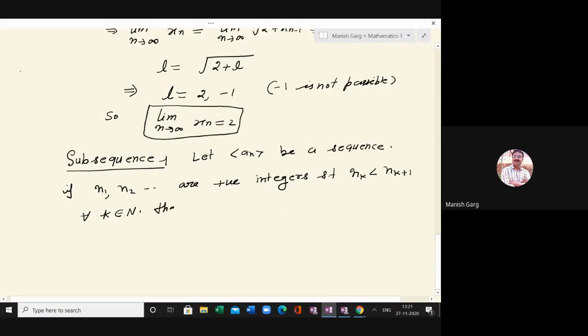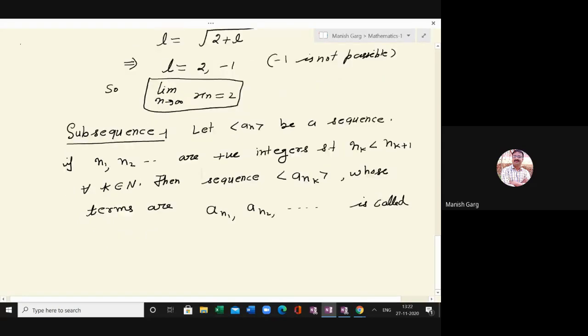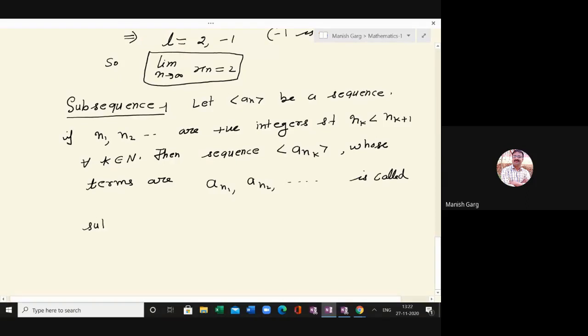Then there will be a sequence a_(n_k) whose terms will be a_(n_1), a_(n_2), and so on, which is called a subsequence of a_n.